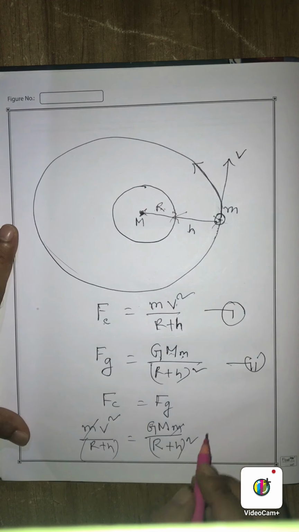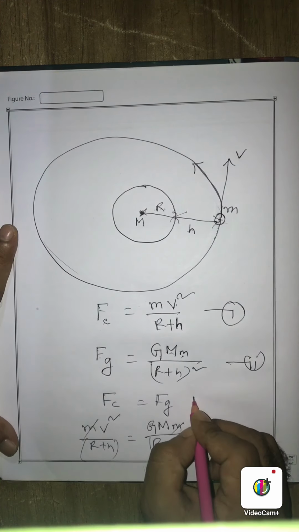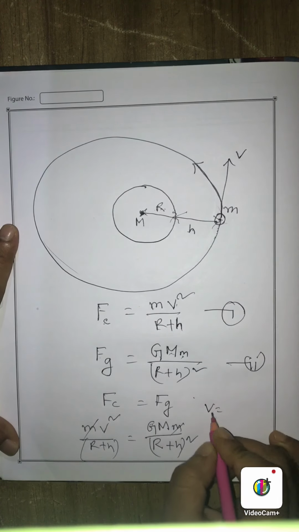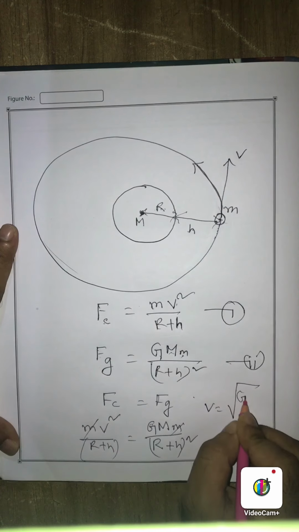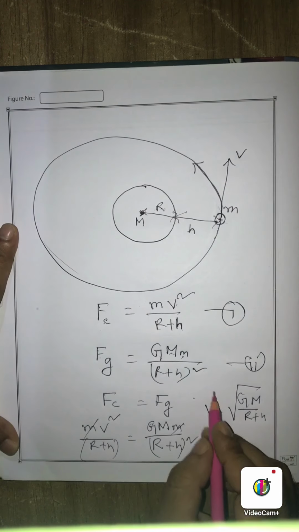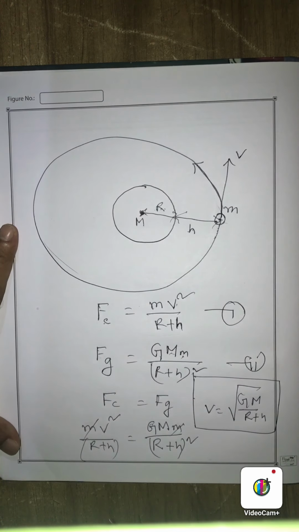So the velocity v equals root over GM divided by R plus h. This is the formula of the velocity of an artificial satellite.